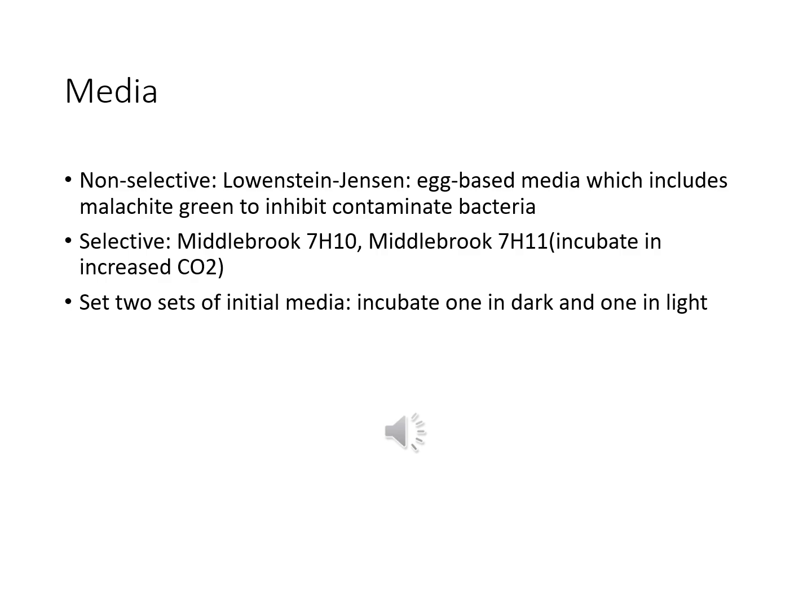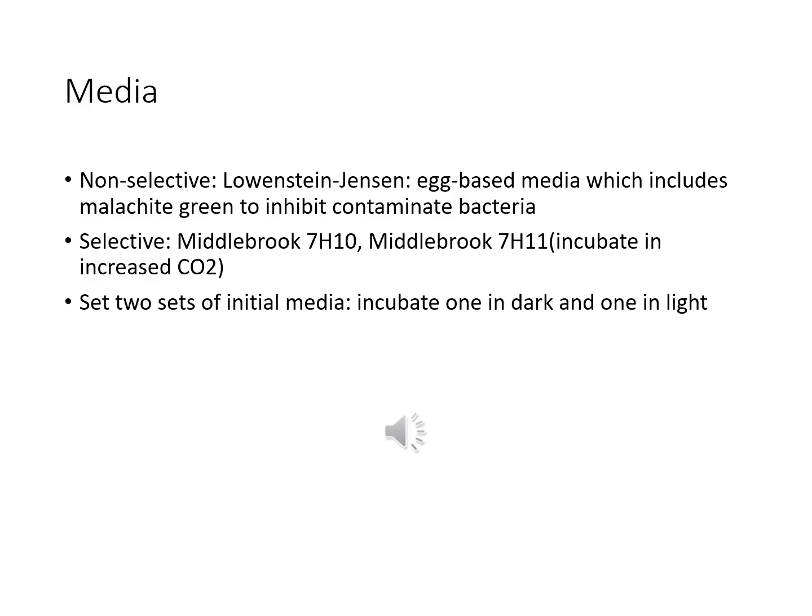A different set of media is used for these organisms as well. So we have a Lowenstein-Jensen agar. This is an egg-based media which includes malachite green. The malachite green inhibits contaminating bacteria. So this is going to look like a light blue-green color. We use quite a bit of tubed media versus plated media for tuberculosis selective agars.